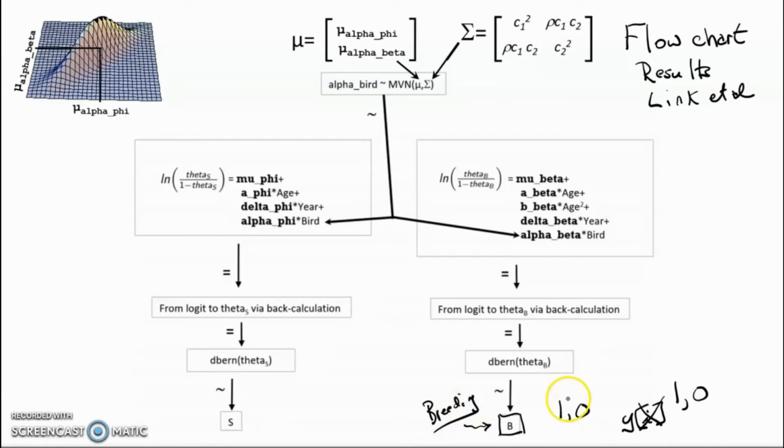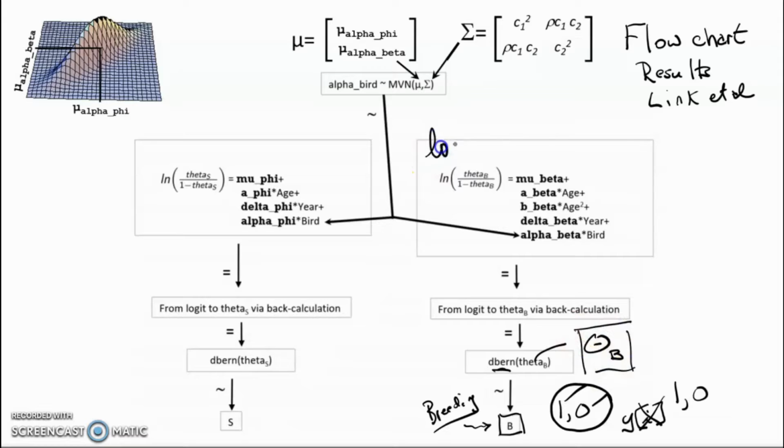The value of B will take on a number of 1 if the bird successfully bred, 0 if it did not, and these 1s and 0s are going to come from a Bernoulli distribution with parameter theta B.